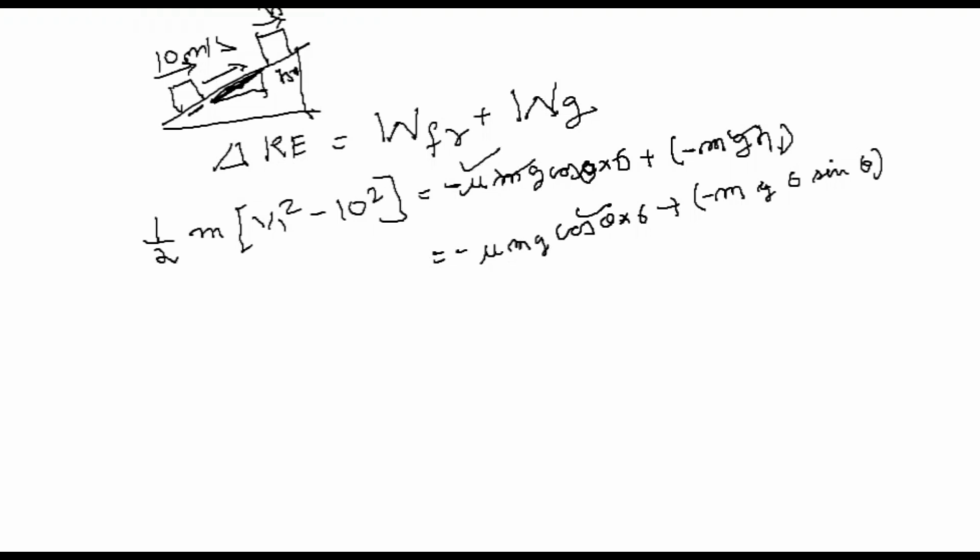We just have to solve this equation, and after solving this we get V1 equal to 8 meters per second. So here we have the velocity of the block of mass 2 kg just before collision.